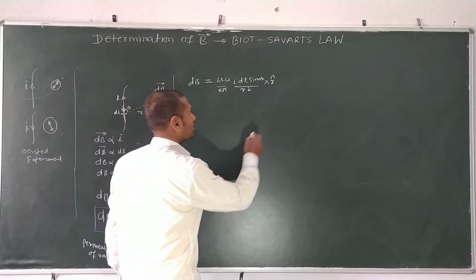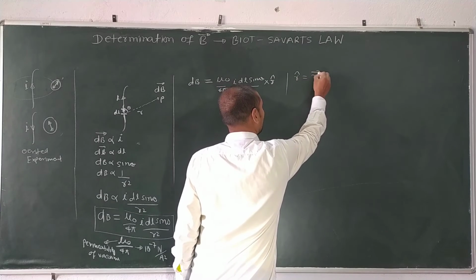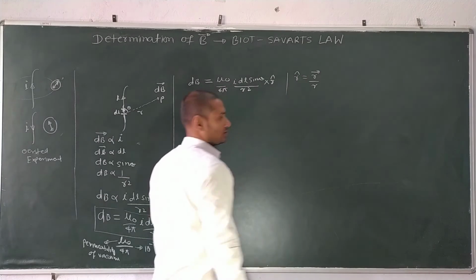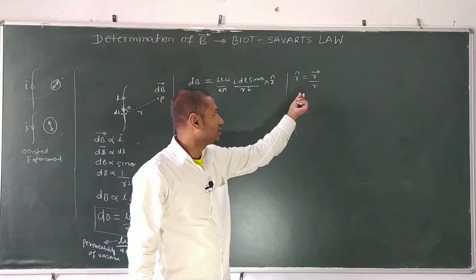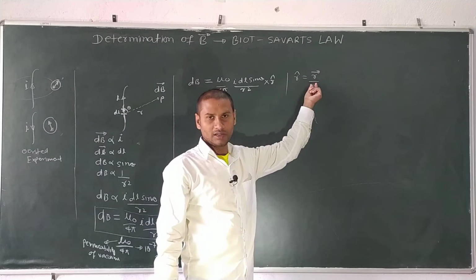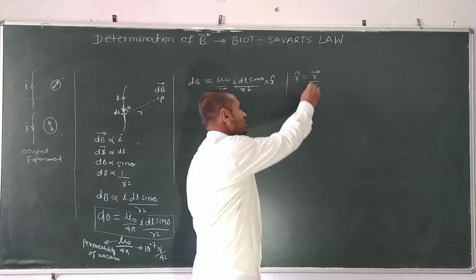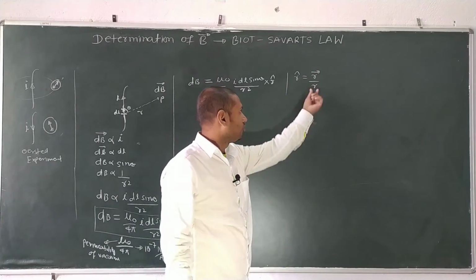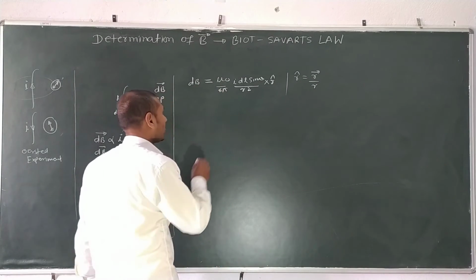We know that r cap can be written as the vector r divided by the magnitude of r. The vector carries the direction and the magnitude only gives the size, so if you divide you will get a unit vector r.